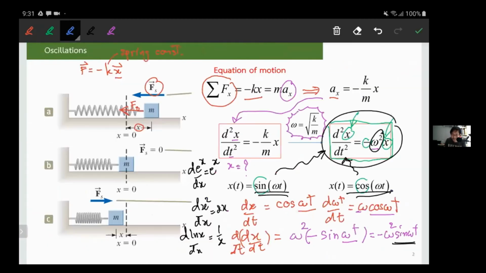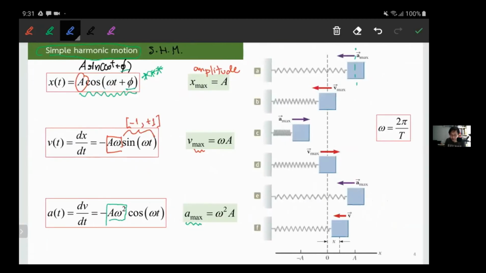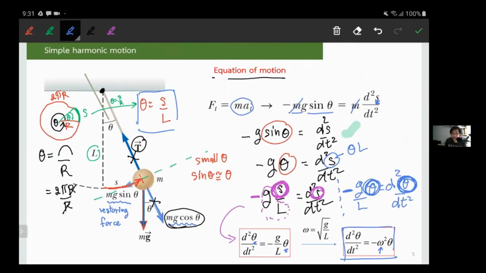And we saw this substitution before, back in the spring, where we named omega root k over m. Over here, we have omega equal to root g over L. So that means this substitution will give you the frequency of motion automatically.